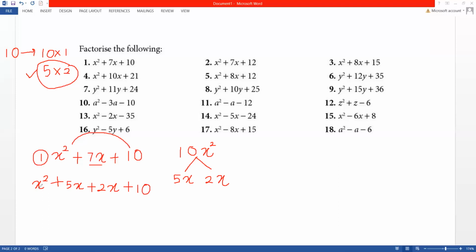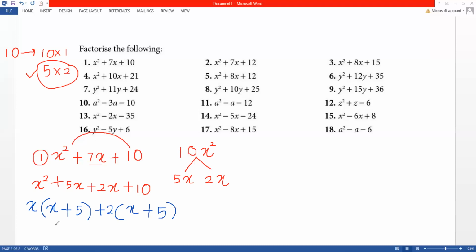I'm taking the first two terms and getting the common term, and then I'll take the next two terms and get the common term. In the first two, x is common. When I take x out, I get x plus 5. Then I'm taking the common term in the next two. 2 is common, so I'll take plus 2. Then inside the bracket, I'm getting x plus 5, because 2 times 5 gives 10.